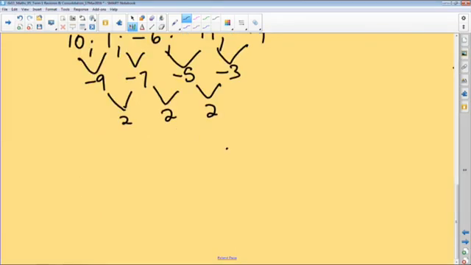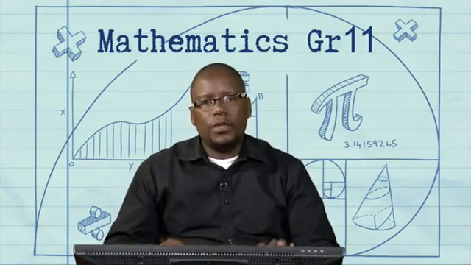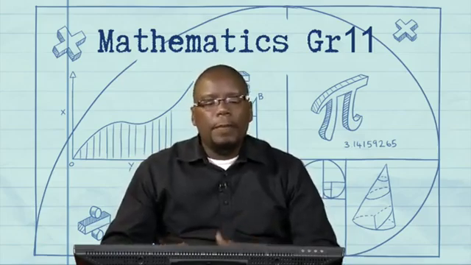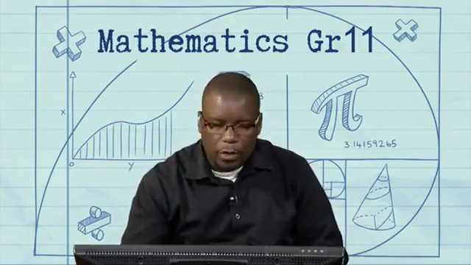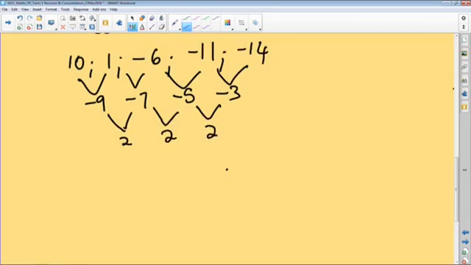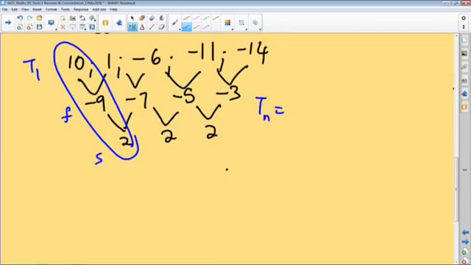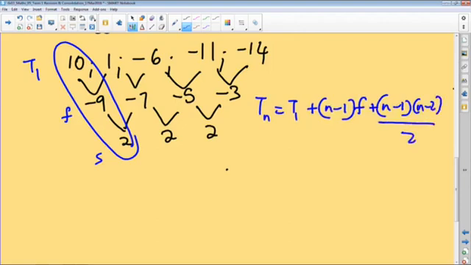Now, guys, when you're working out the general term for a quadratic pattern, you know that at the end of the day, it's going to be written in the form of Tn equals to an squared plus bn plus c. But we spoke about another formula again here, whereby we said this part is your term 1, this is your f, and then this is your s. So Tn is T1 plus n minus 1, f plus n minus 1, n minus 2 divided by 2 times s. And then the only thing that you need to do is to substitute.